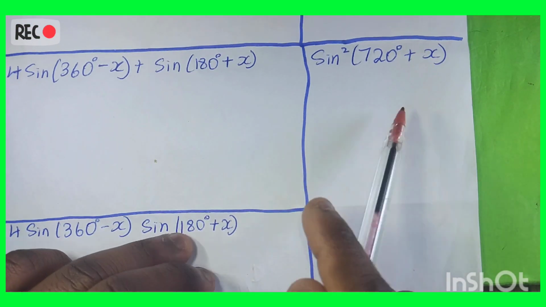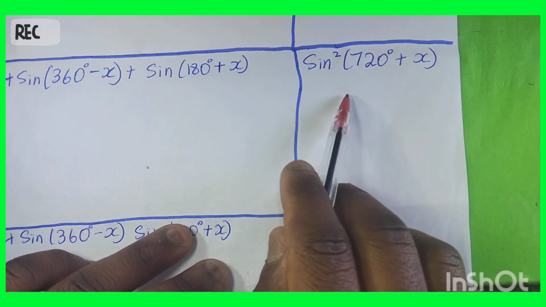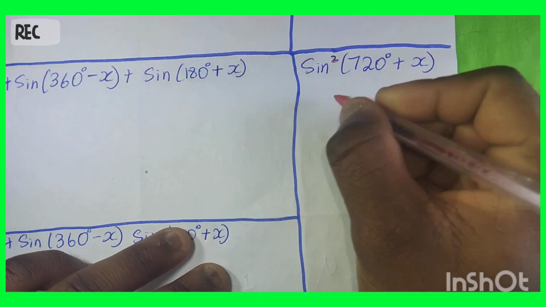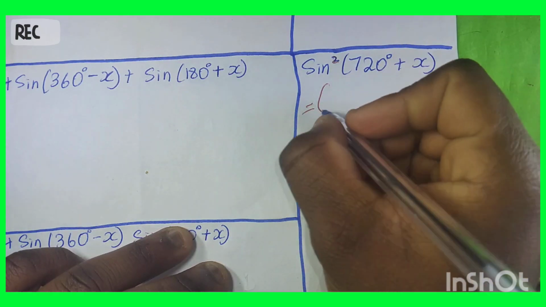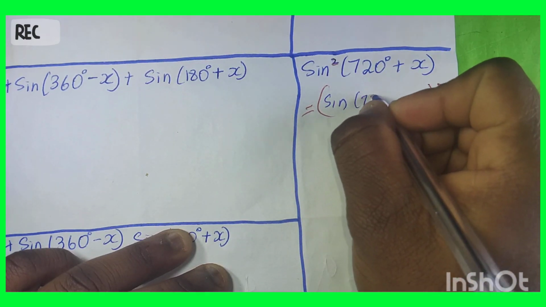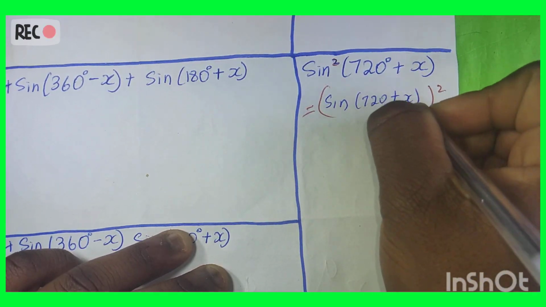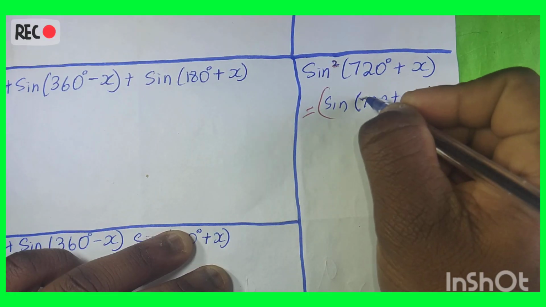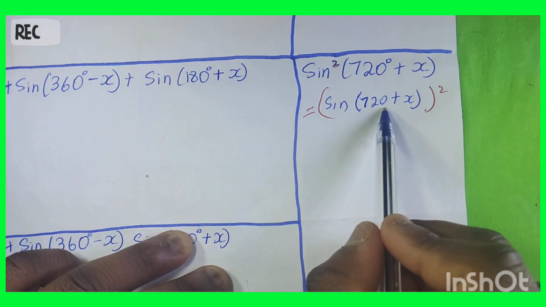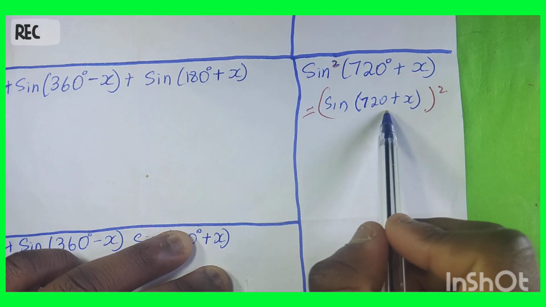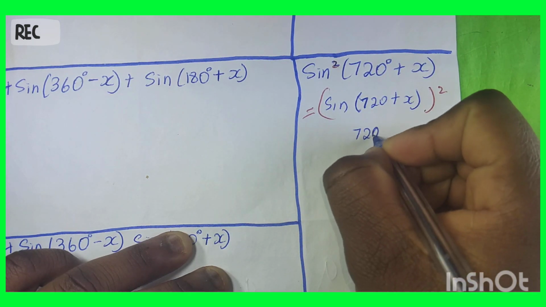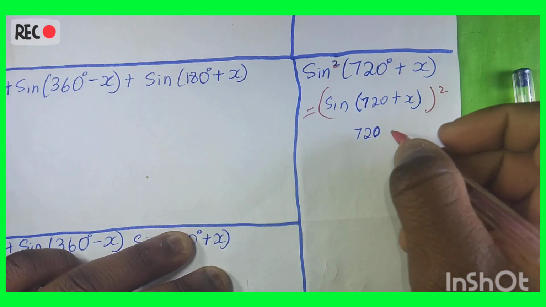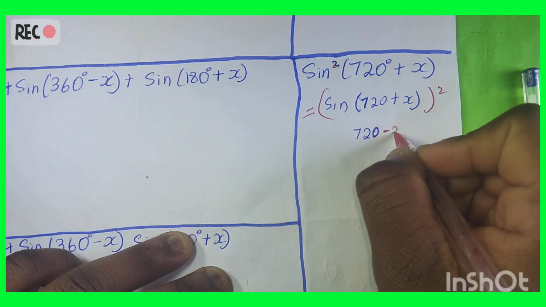Let me start with this question before I go with those ones. For this one, I have that exponent 2, which I can take outside the bracket. Then I can write this thing inside a bracket like this. But again, remember, guys, if you see a big angle, what do you do there? You just subtract the big angle with 360. And you only separate that angle if it's positive and it's big, like this.